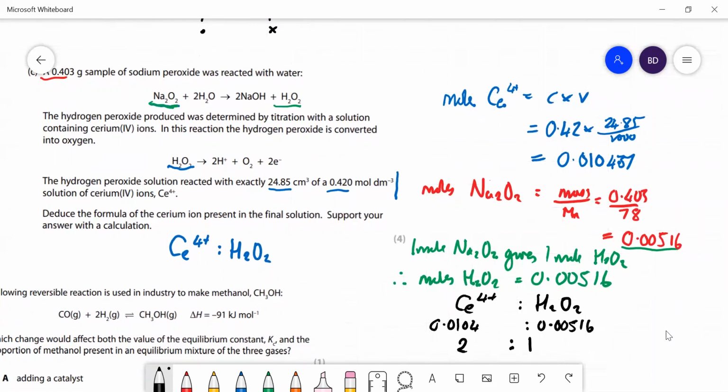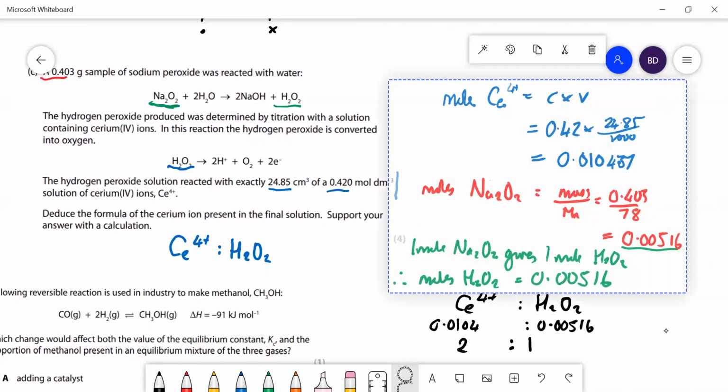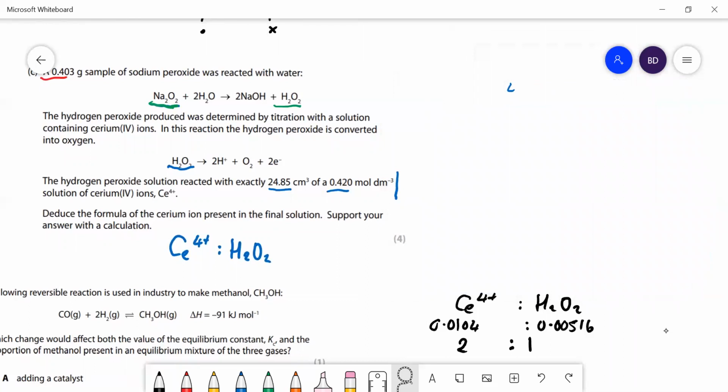Okay, I'm going to clear a bit of space here now. Right, so the cerium and the hydrogen peroxide react in a 2-to-1 ratio. You need 2 moles of cerium 4+ for every 1 mole of hydrogen peroxide. Well, let's look. The hydrogen peroxide here is losing 2 electrons, loses 2e-.